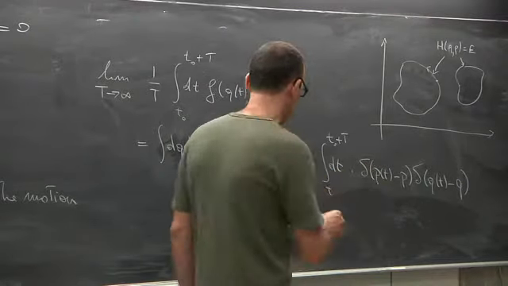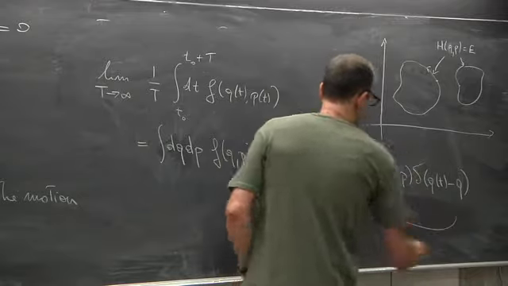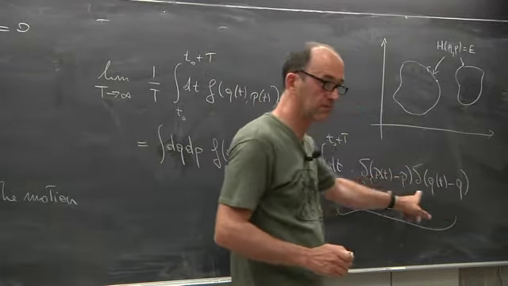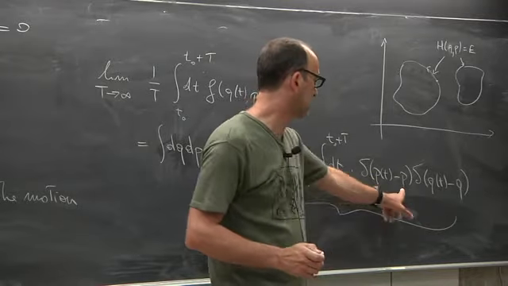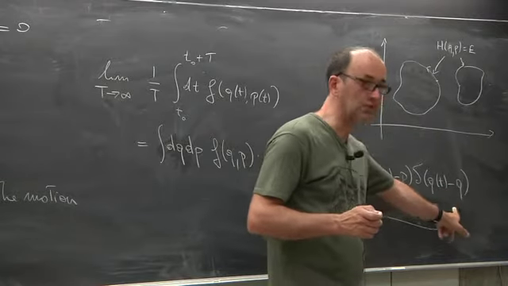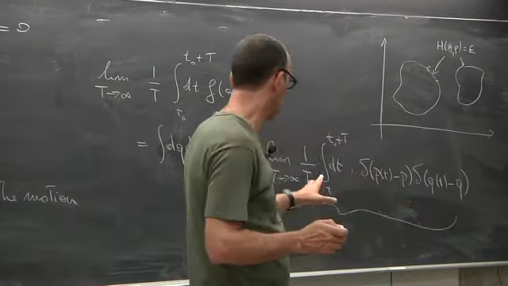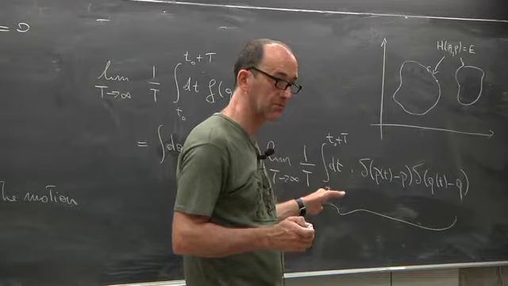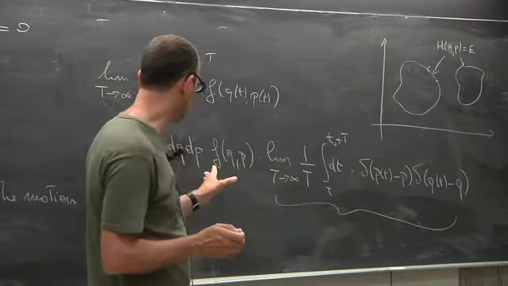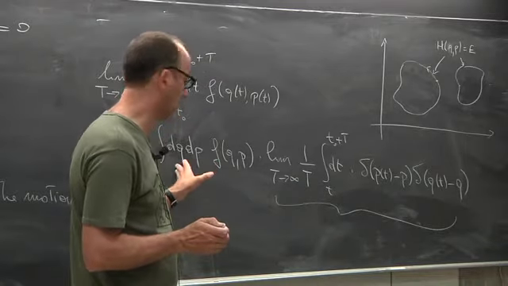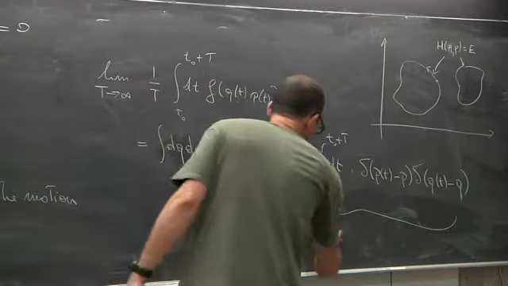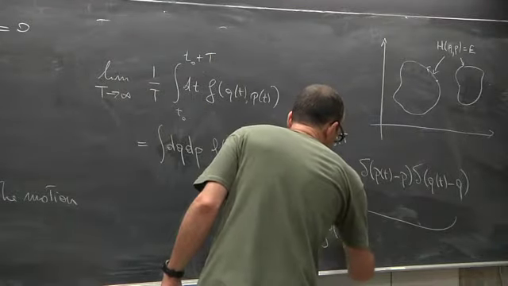This is essentially how frequently I visit the point Q and P. This is an integral which essentially gives me 1 whenever I'm in Q and in P. So this is the fraction of time that I am in Q and P. And then I average this over all possible values of Q and P. This is my definition of rho of Q and P.